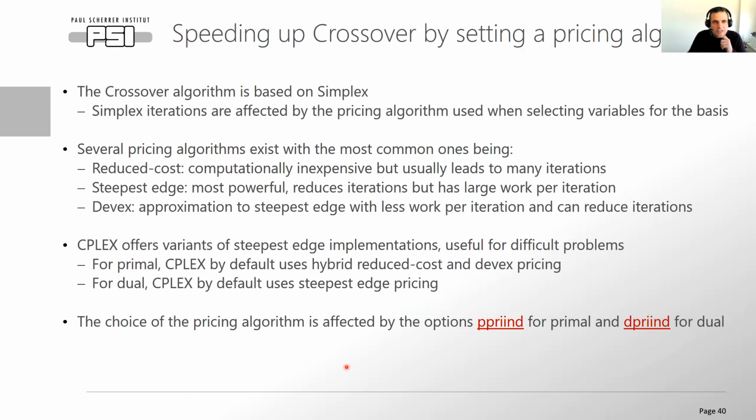And the last point to speed up the crossover is to change the pricing algorithm of the Simplex algorithm that comes in the end, by changing the options PPRint and DPRint. There are several pricing algorithms to be used. I'm not going into the details now for the sake of time. But here, because we are solving the Primal problem, maybe it's worthy to check different pricing algorithms for the Primal problem, for the crossover phase.